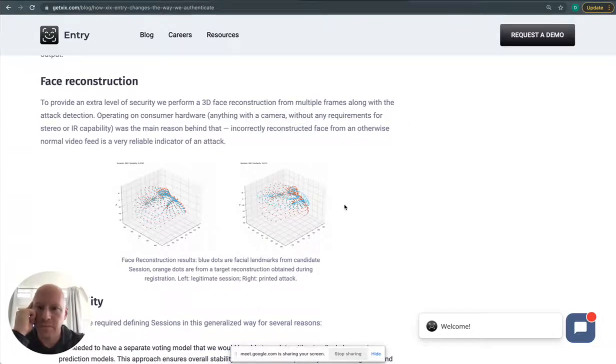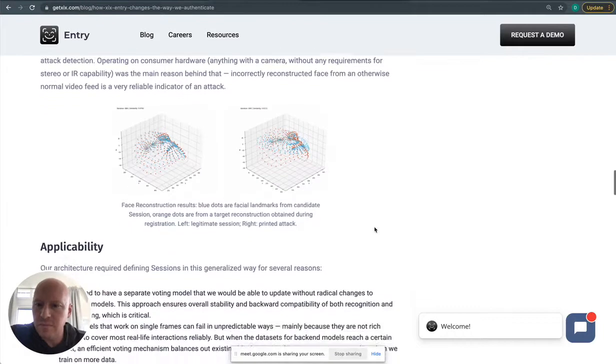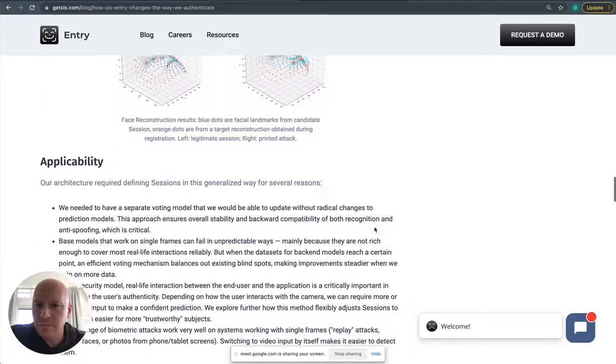That's why iPhone uses an infrared sensor to solve this problem. Because of that, there's 1,001 ways you can spoof the system. You can use a deep fake, a replay video of me, a mask, or even a still image.